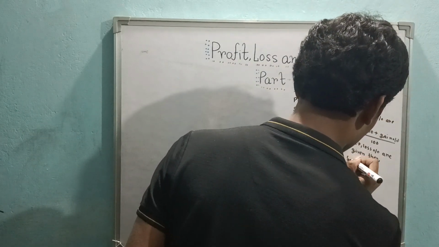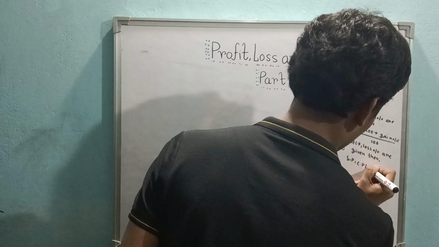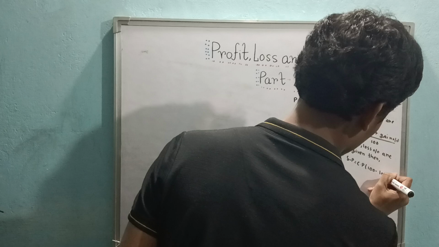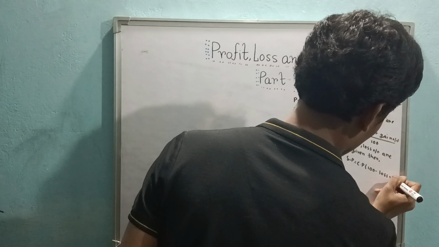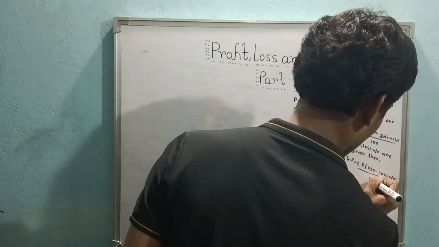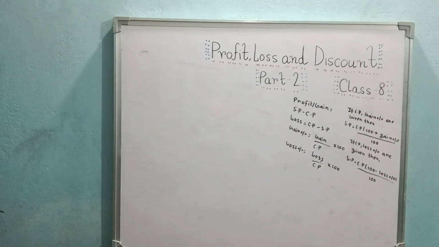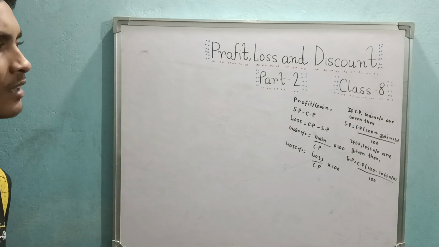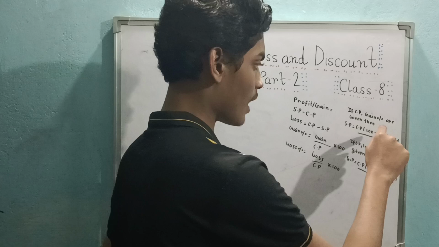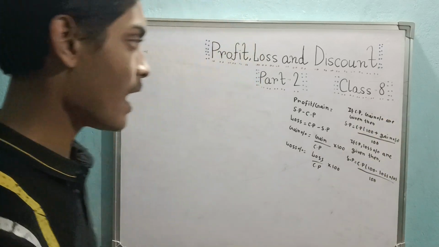Selling price will be equal to CP multiplied by 100 minus loss percent, by 100. These are the two cases which you can come across where the cost price and gain percent or loss percent are given. Then to find the selling price, use either of these formulas according to the gain percent or loss percent. As easy as that.